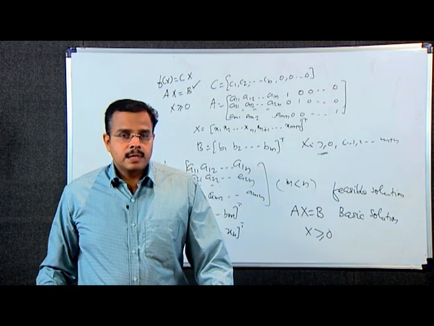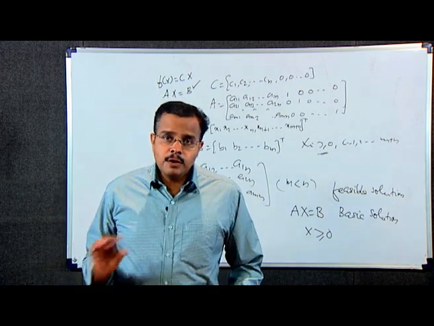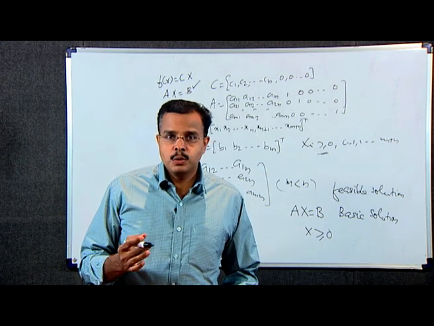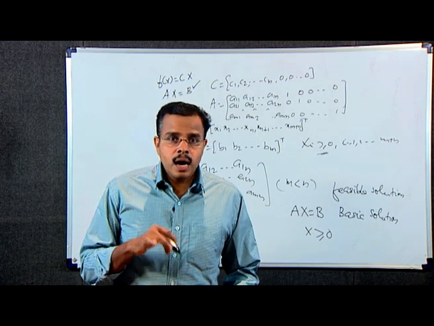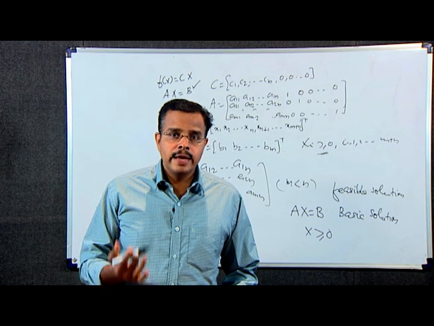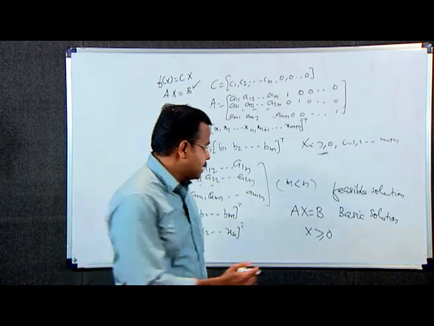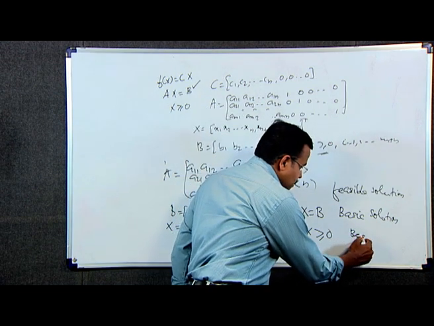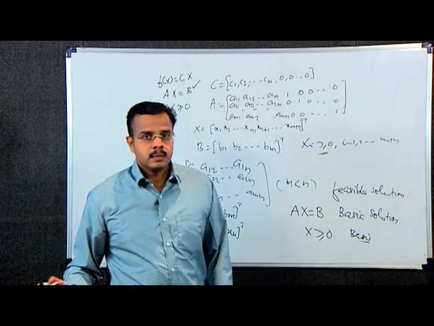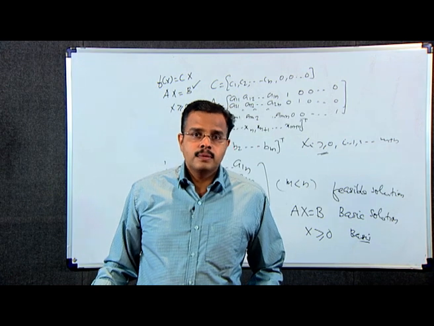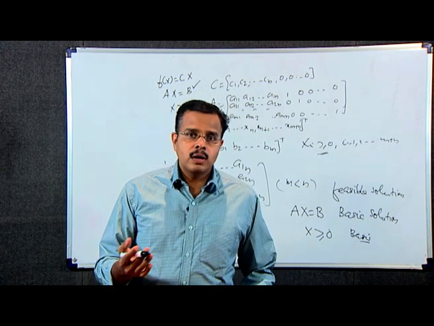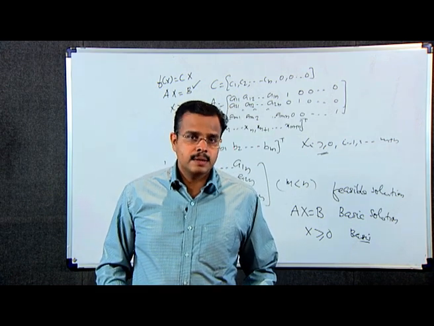The m variables remaining in the system after n minus m variables have been put equal to 0 are called the basic variables, or simply the basis. The rest of the variables may be called non-basic variables.